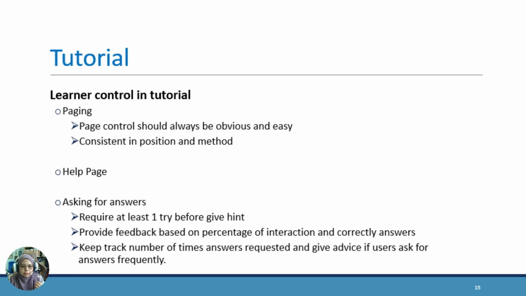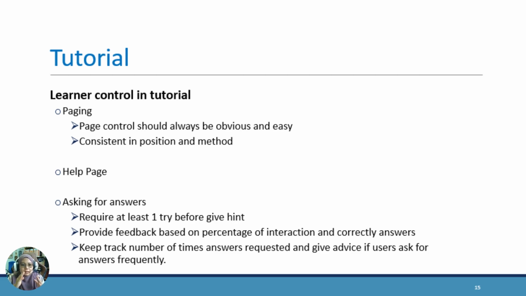In the tutorials also, learners or users need control. You have the ability to control the tutorial in terms of paging. The page control should always be obvious and easy. It makes it easier for the user to drive their learning process.